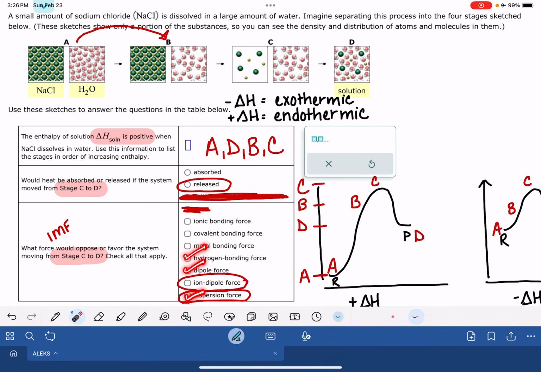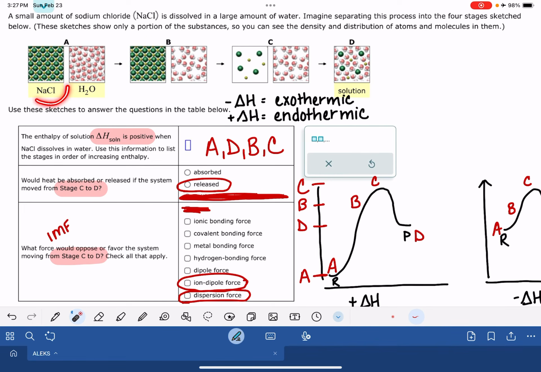That would be my answer. If I was asked about the step where my solute molecule, NaCl, is separating, then I would be asking what IMFs are associated with breaking my solute apart. It's an ionic compound, so that would be ionic bonding and dispersion forces.